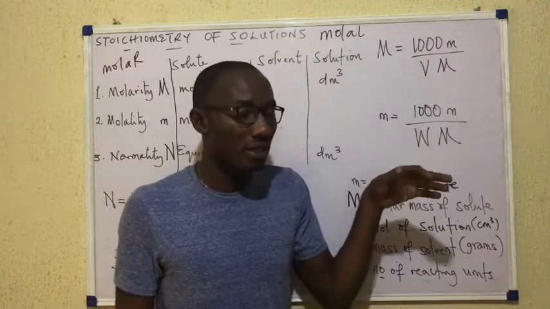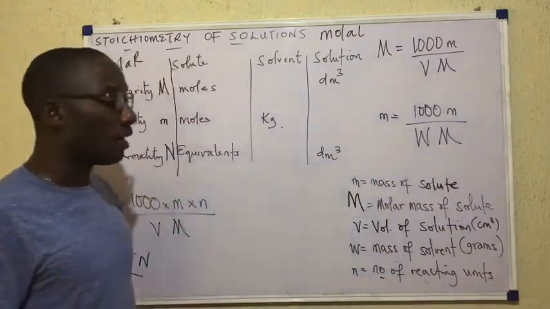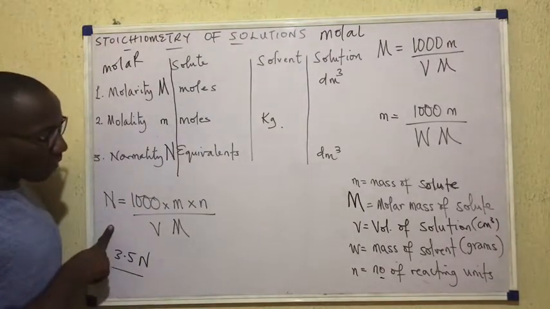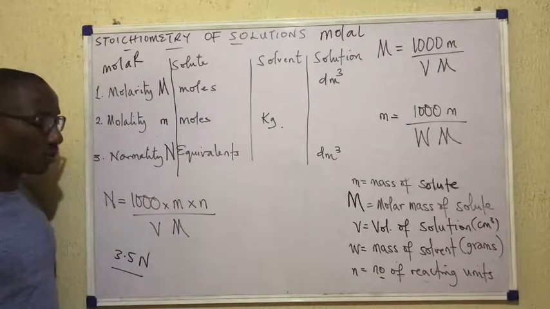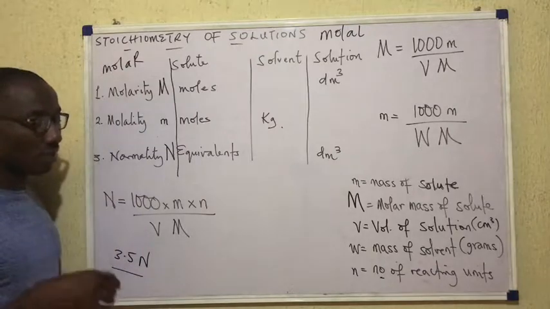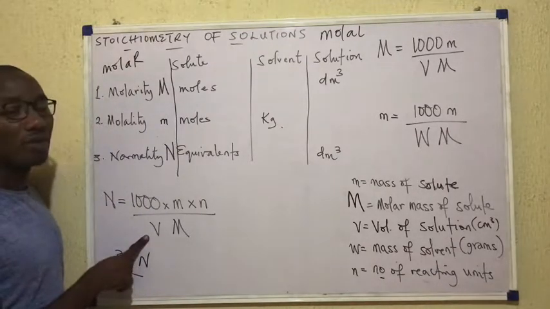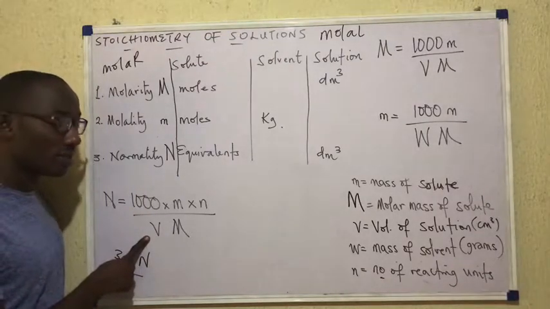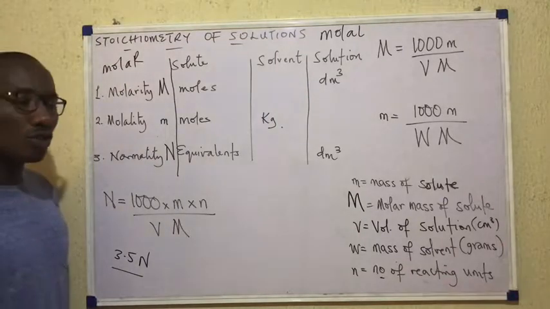But in many instances, it comes in grams, so we'll need the 1000. And then finally, for normality, we say normality is given as 1000 times the mass of solute times the number of reacting units. We'll give meaning to that when we come to normality. Then under here we have V, which is volume of solution, not solvent. And then the M there is molar mass of solute.